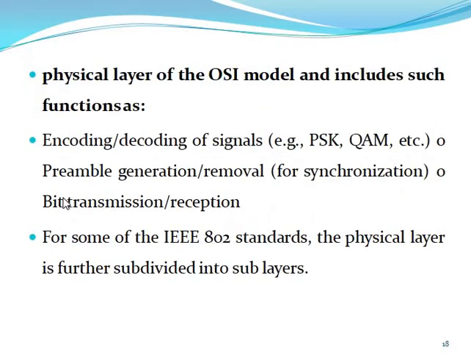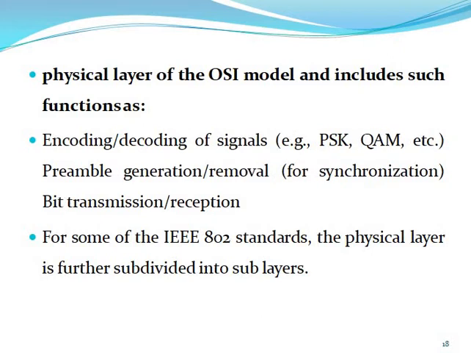First we discuss the physical layer of the OSI model and its functionality. The physical layer includes encoding and decoding of signals, modulation, preamble generation and removal, and synchronization for bit transmission and representation.